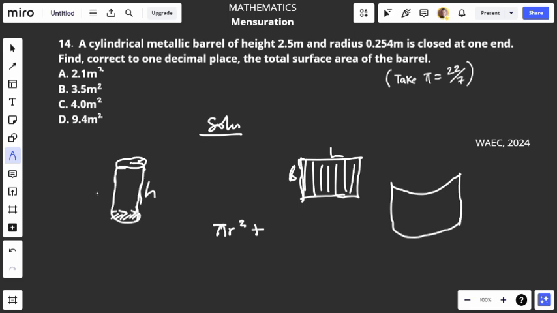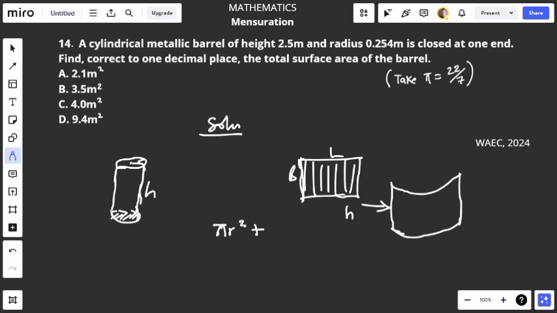If you unfold this curved surface, you will have a rectangle, where one side is the height and the length is the circumference of this circle. Circumference means the distance around.